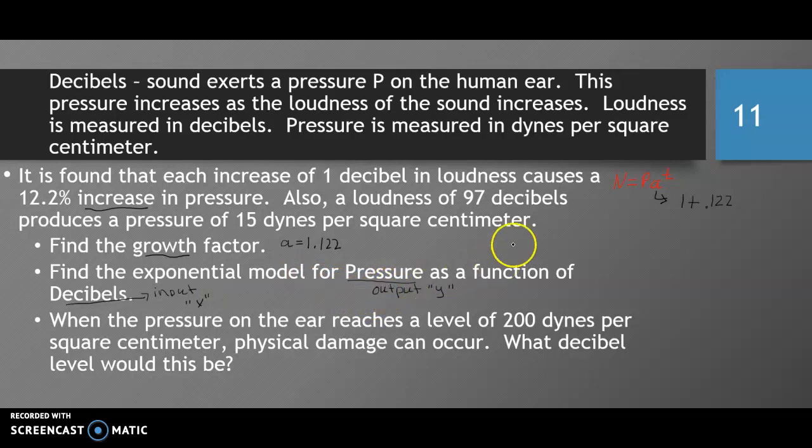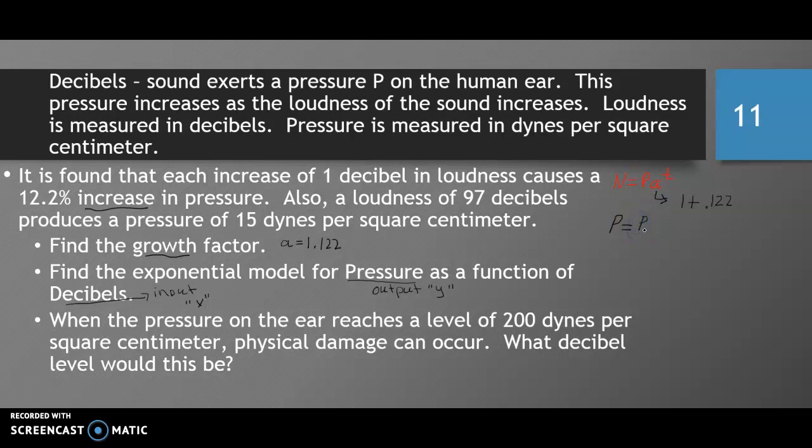With our formula for an exponential model, we use N equals P A to the t. N is the output, and in this case, the output is actually pressure. So I'm going to use P for pressure. P here in the original formula is the starting amount, and we don't actually know the starting amount.